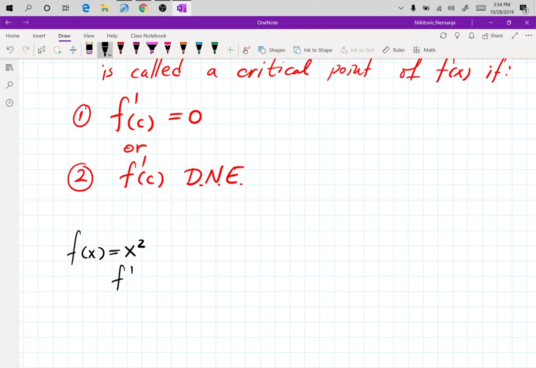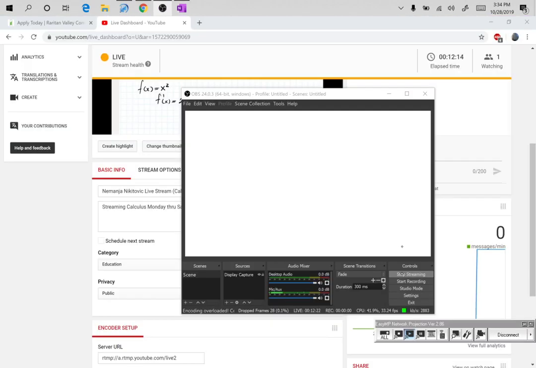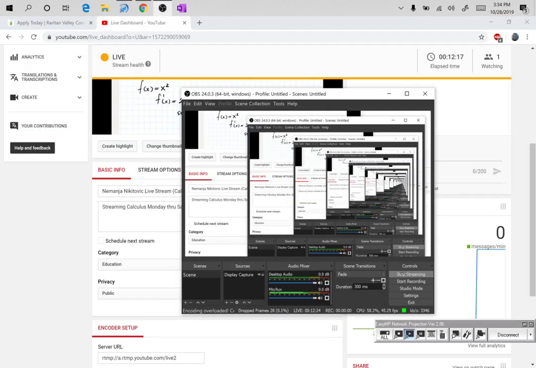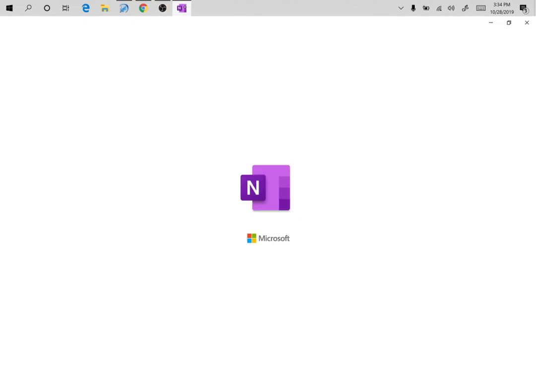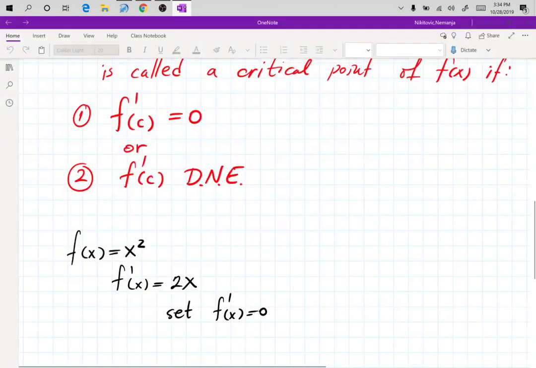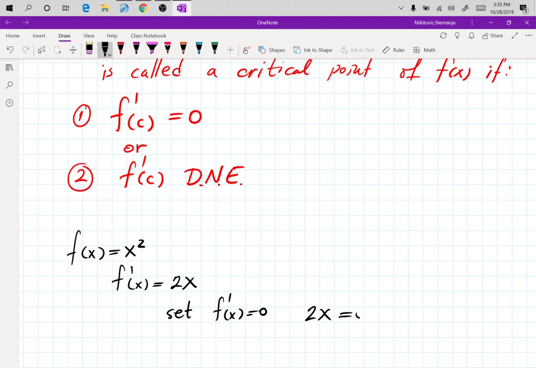So the first thing we do is we find the derivative, which is 2x. Then we set f prime of x equal to 0, which means 2x equals 0.